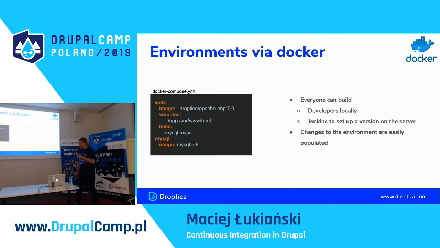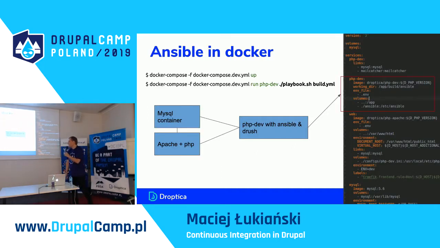So yeah, this is how we do it, and you can see now when you have the MySQL container and Apache PHP, we don't really add Drush or any scripts into those.